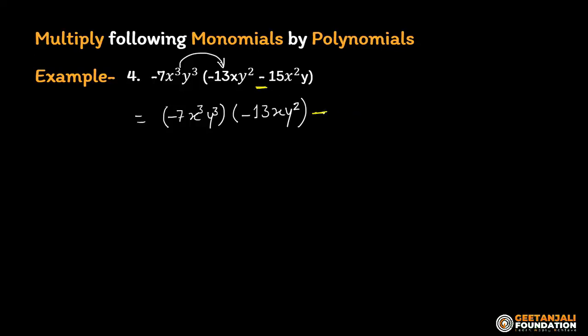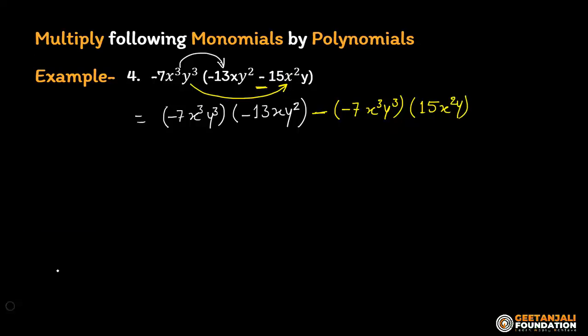So I'll write this negative sign over here, and after that I have to multiply this with the second term of this binomial. So I'll write minus 7x cubed y cubed. And since we have already used this negative sign over here, we don't need to consider it once again, I'll take 15x squared y. So we have done the first step.